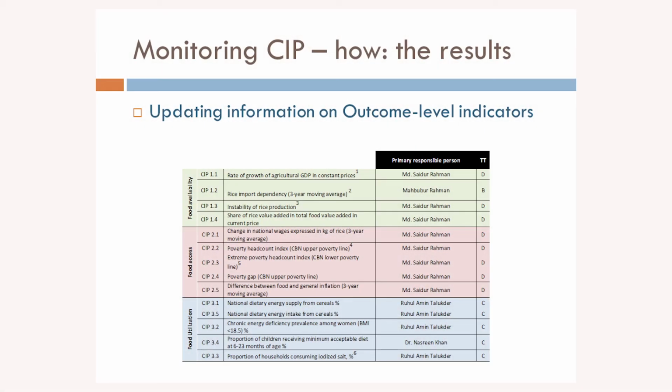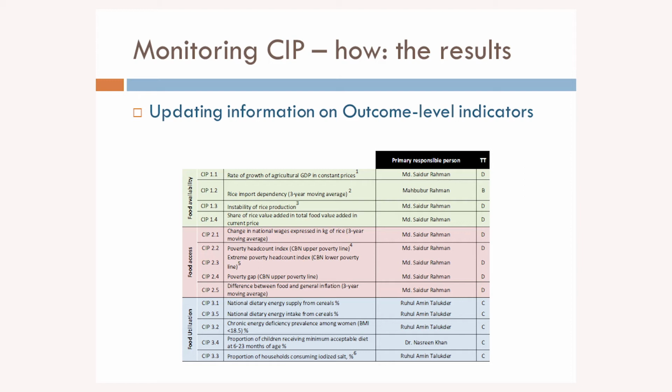Now, with this image, I want to show you something else, which is the role that the different thematic team members play. You remember, thematic teams are the experts and officials from different government agencies, responsible for collecting information on different indicators.